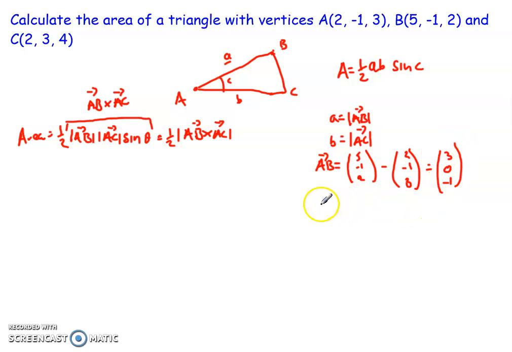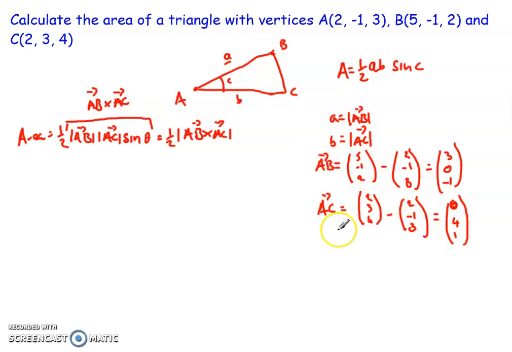That's my AB. My vector AC, in a similar way, except we're using the position vector representing the point C this time. So it's going to be 2, 3, 4, take away my 2, negative 1, 3 in this case. So this one is going to give me 0, 4, 1. So there you go, I've got my AB and I've got my AC.